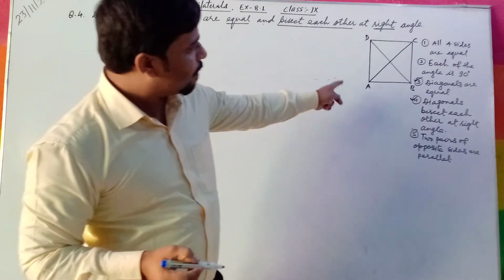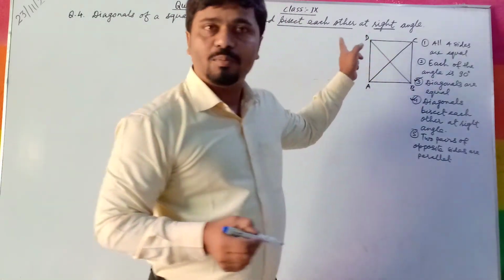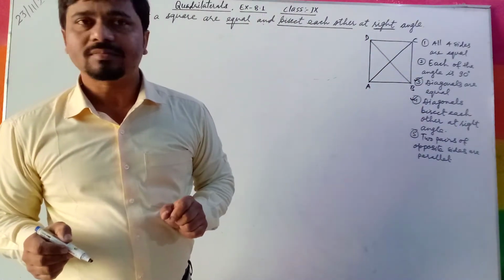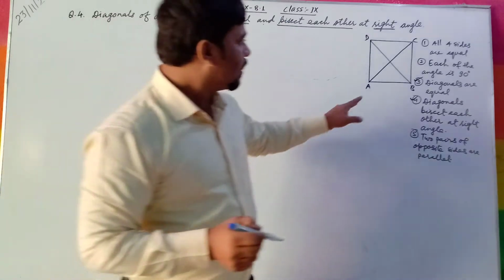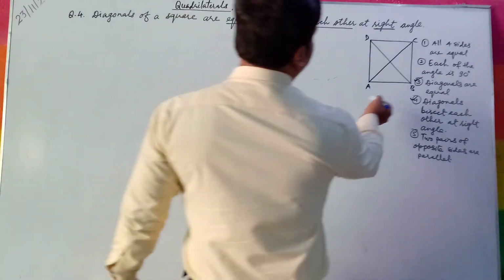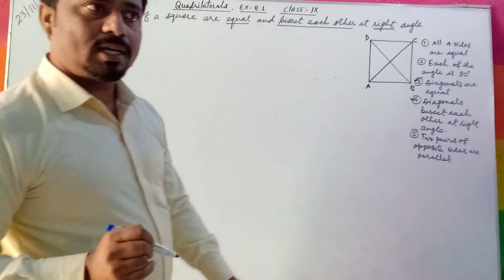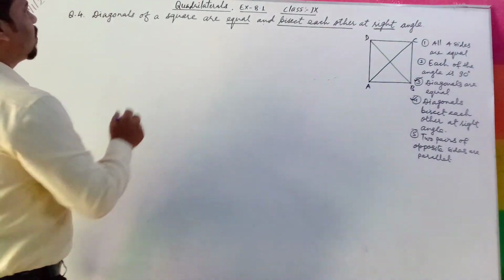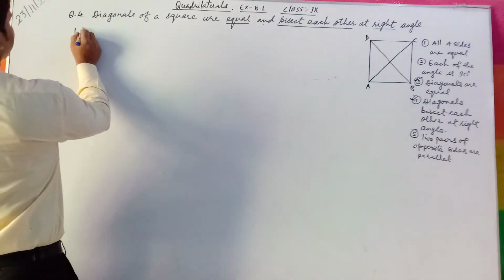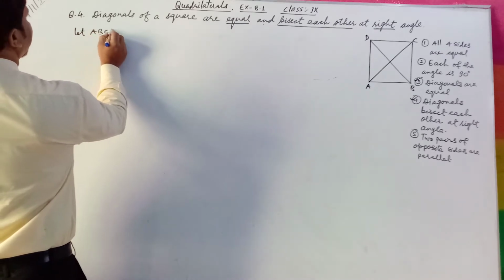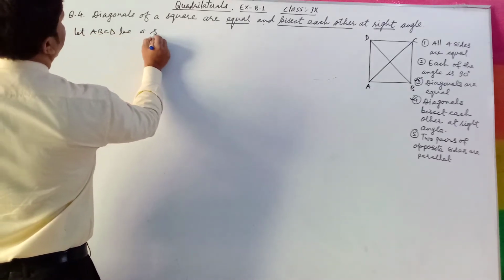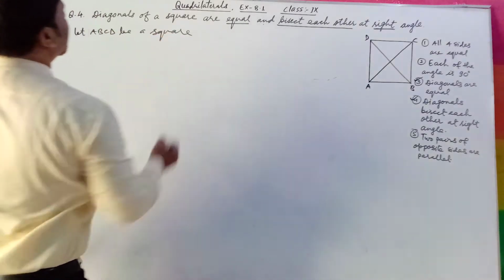So I told we have to prove AC and BD, both diagonals, are equal. So first of all, the introduction of this figure, what will it be? Let A, B, C, D be a square.